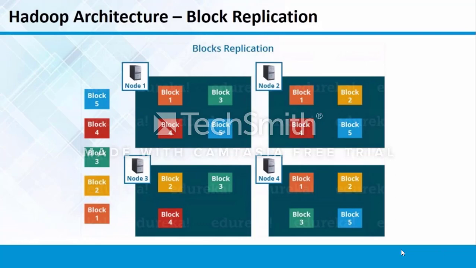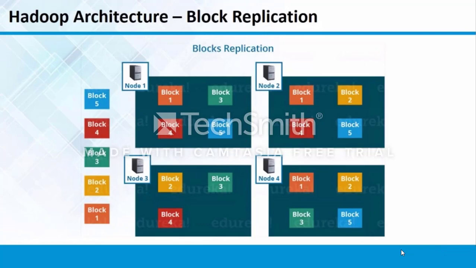Let's try and understand this diagram. As you can see on the left, there are blocks of a file, that is block 1, 2, 3, 4 and 5. Let's talk about block 1. First, you will find the copies of block 1 in node 1, node 2 and node 4. Similarly, block 2 has also got 3 copies, in node 3, node 4 and node 2.